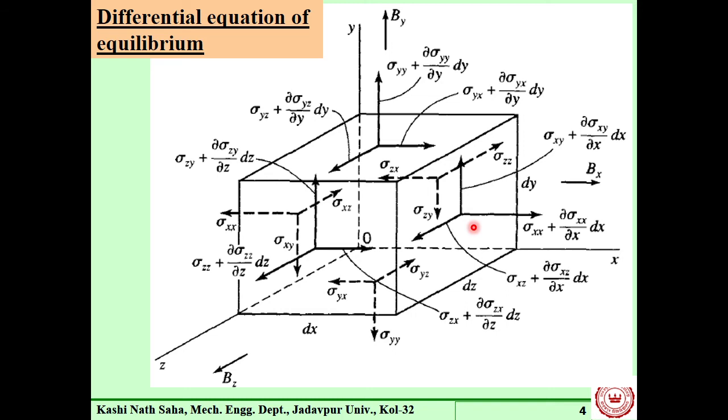Say sigma xx is a function which has some distribution. We know this because this is not a body under uniform stress. There is variation in sigma xx as well; actually, all the stress components have some variation.